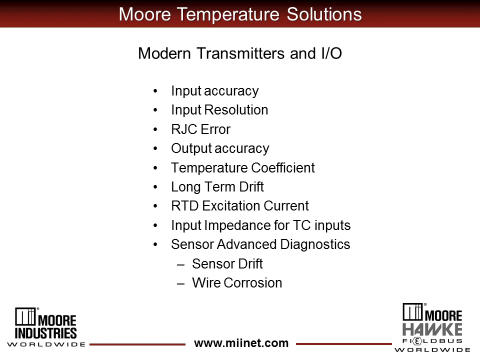You want your input impedance to be very high because when you measure millivolts off of a thermocouple or measure those millivolts off of an RTD, you don't want to be drawing any current. And then advanced diagnostics might be a help to you in predicting sensor failures.